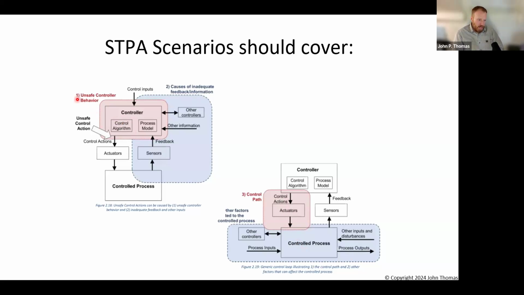But look at the numbering. This is class 1, and the name of class 1 is unsafe controller behavior. This is class 2 that we defined today. The reason for that is we had this process when the handbook was written. I personally didn't have a huge amount of confidence.